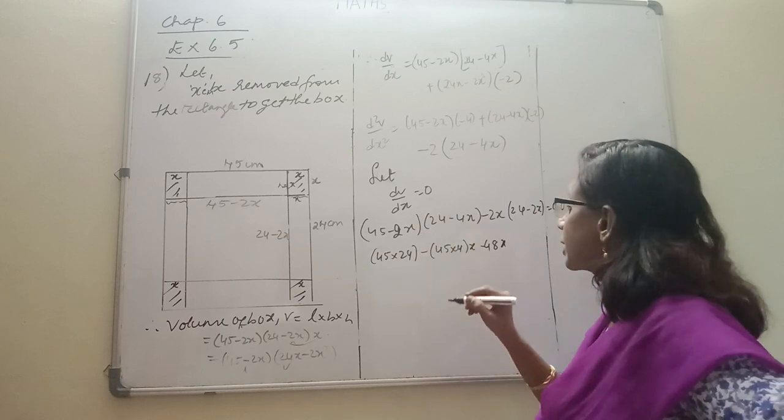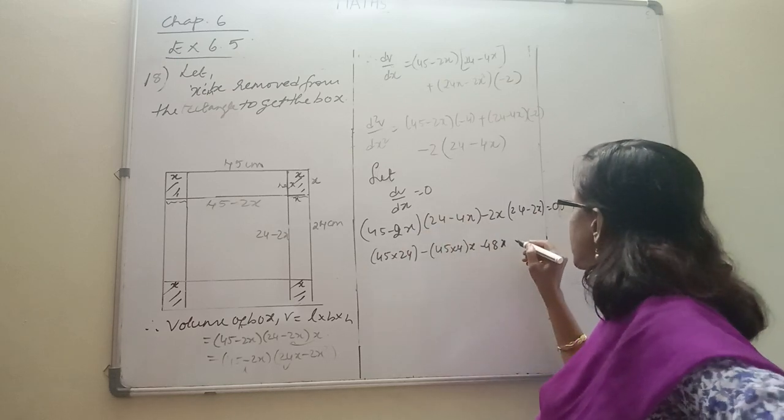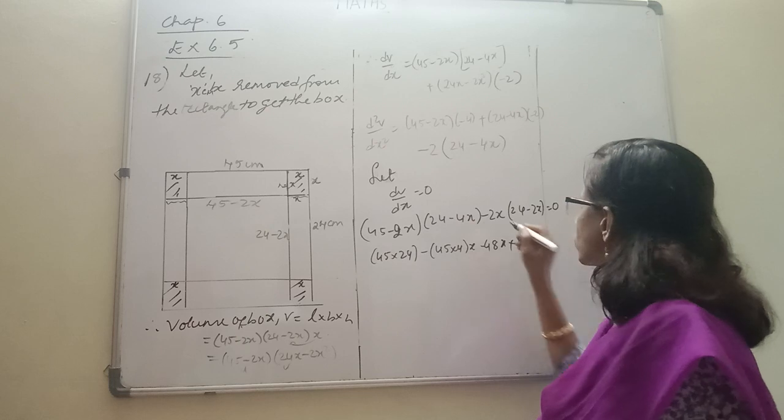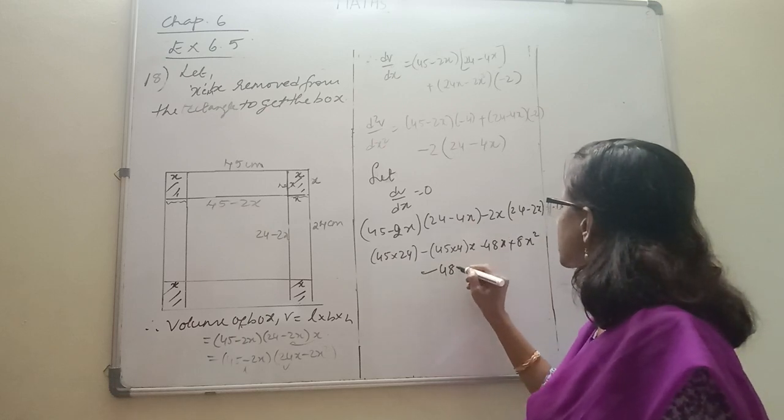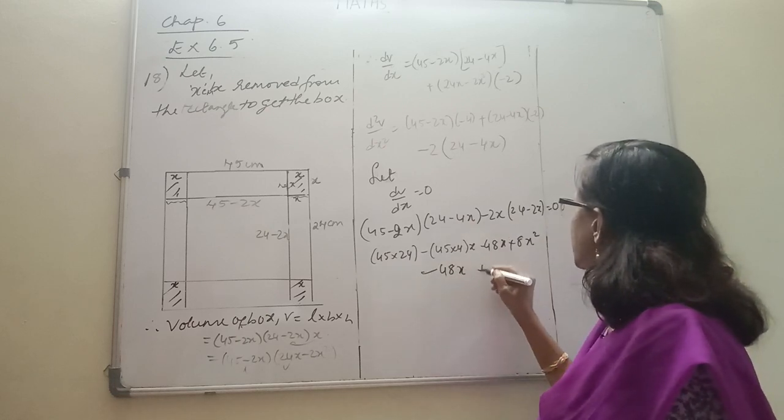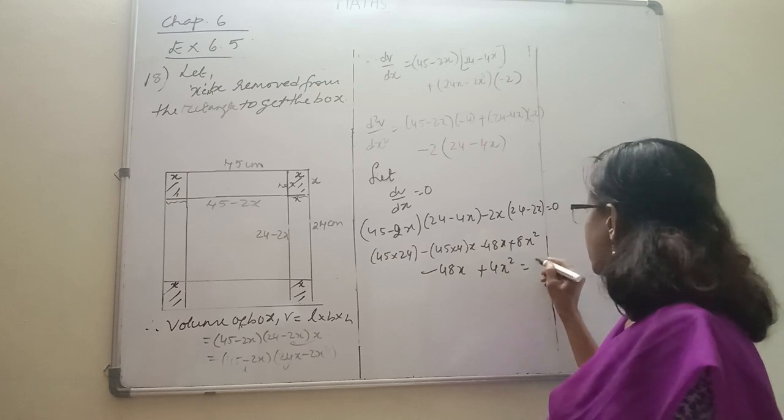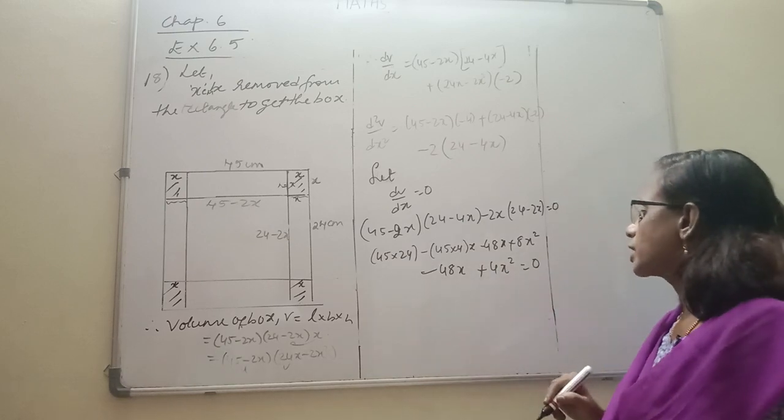When we multiply this, negative 48x, next it is 8x squared. So also this is going to be 48x, then plus 4x squared equal to 0. So let's have that sorted out.